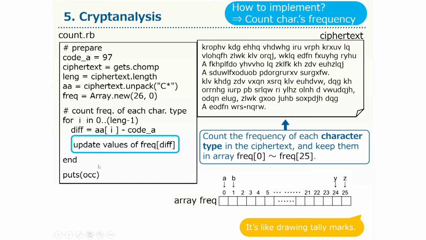This for loop is for this computation. For each ith character of the ciphertext, we calculate its distance from the alphabet letter A and place this distance in variable diff. Then we just need to update the value of the frequency array with this index. Let's think about how best to update them in our practice exercise.